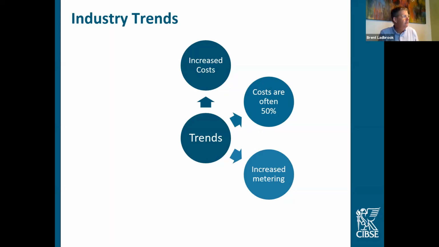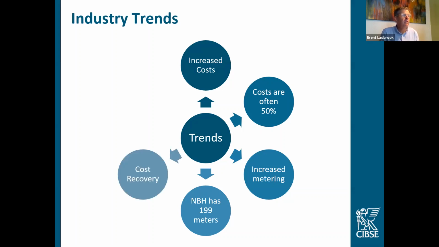What does that lead to? Increased metering. People want to meter more to know where that power and energy is being used. An example in Sydney recently, Northern Beaches Hospital has 199 thermal energy meters. There's other people who are having larger numbers of that on projects, but certainly there's a lot more meters going in.